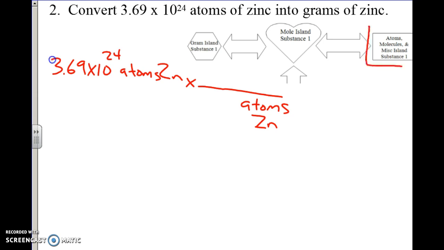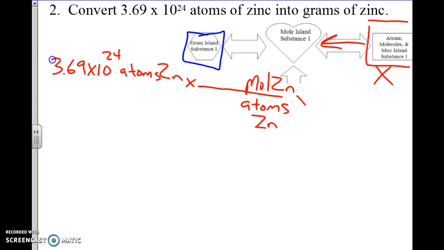Right now, we are over here on atom, molecule, or miscellaneous items. And what we need to do is we need to go to grams of zinc. So this is our destination over here. Since we're over here on Atom Island, the only place we can go is to Mole Island. So we can put moles of zinc on top. We don't want our answer in moles, we want it in grams.